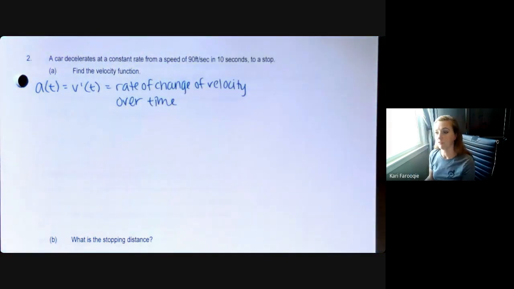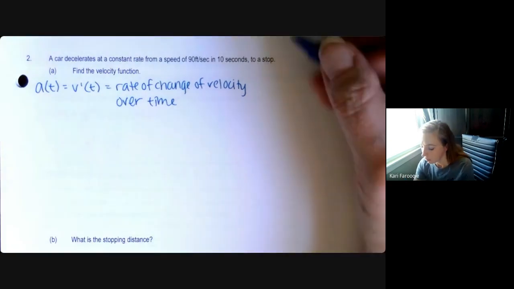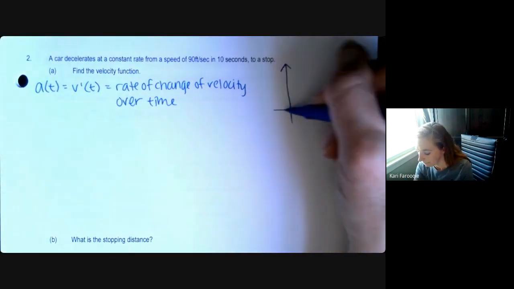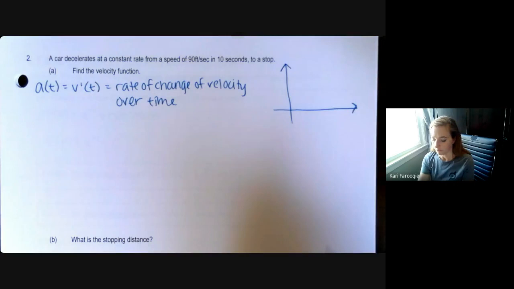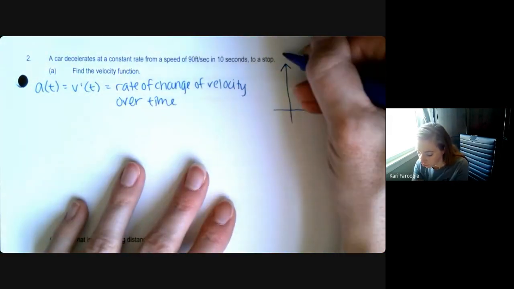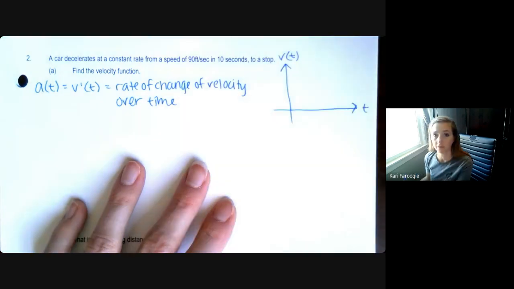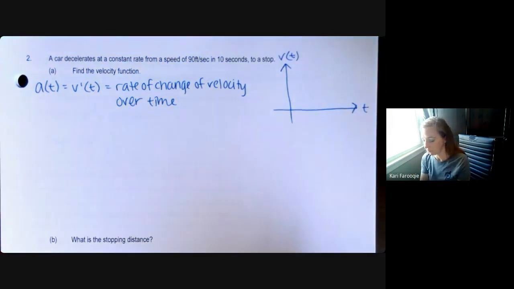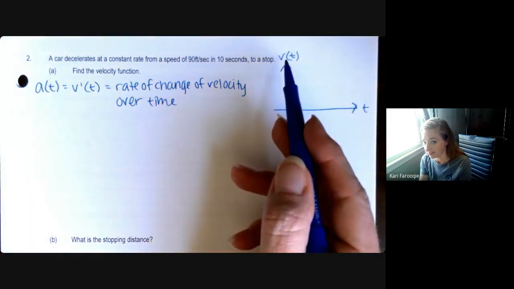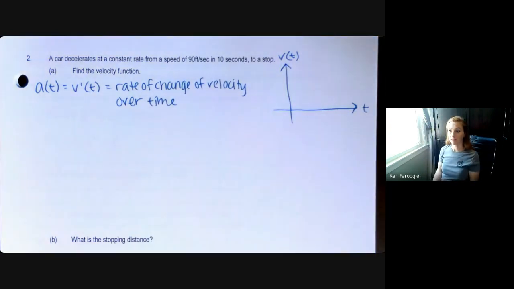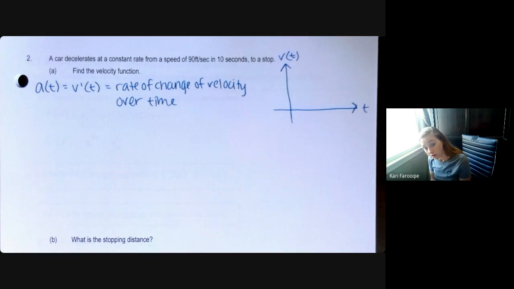And we're going to make a little graph here so that you can see what this is looking like. If I'm talking about the rate of change of the velocity over time, I'm going to think about velocity and time. Usually we put time on the x-axis, and in this case, instead of position on the y-axis, we're going to be talking about velocity.